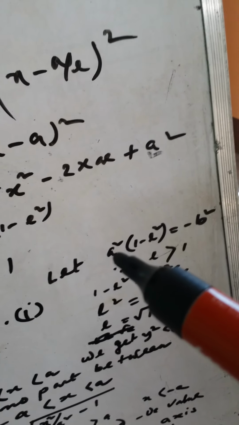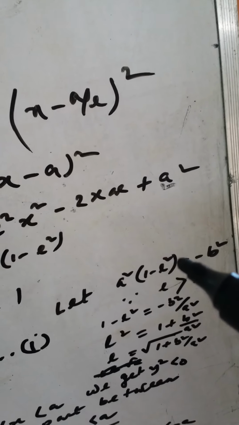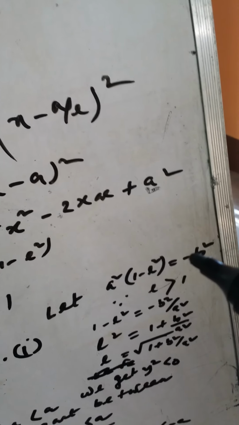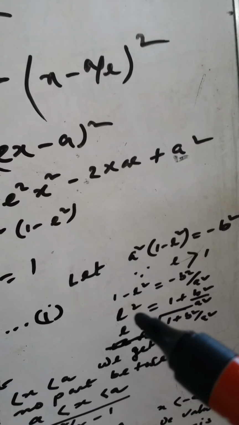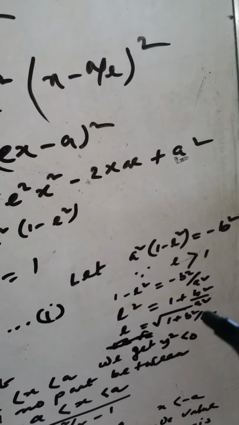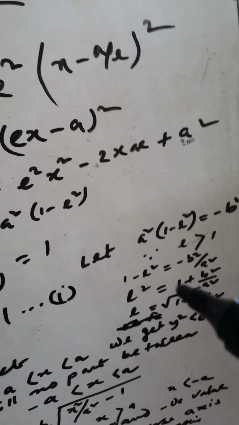And since A square into 1 minus E square equal to minus B square, from this you get E square equal to 1 plus B square by A square. Hence E is equal to root of 1 plus B square by A square.